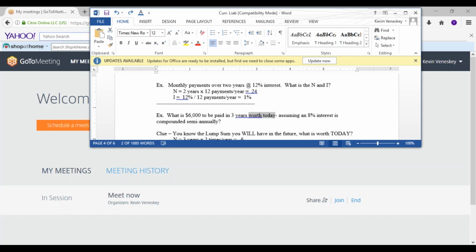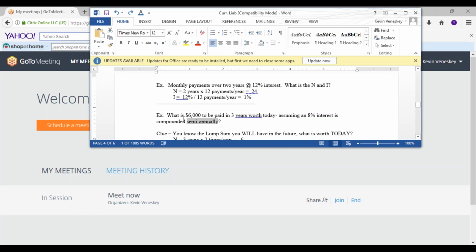So instead of maybe me paying somebody $6,000 in 3 years, because that's when the bill comes due, how much could I pay them right now with time value of money, and neither party would be upset? I could pay them a lower amount because they're getting their money faster, even though I'm paying them now, I get to pay a lower amount. And we're going to assume an 8% rate of return that's compounding semi-annually.